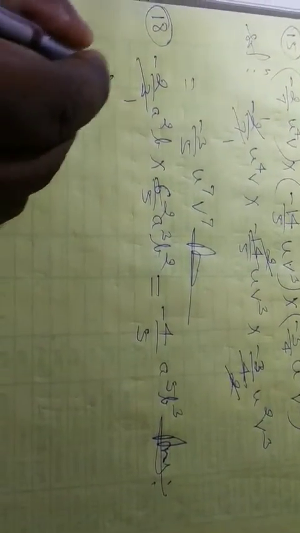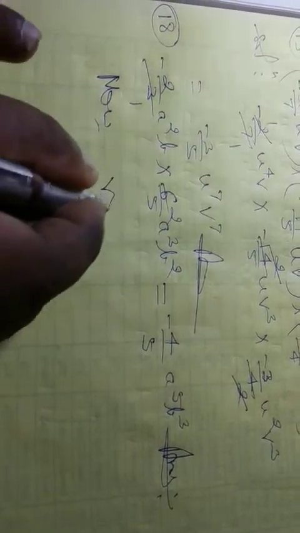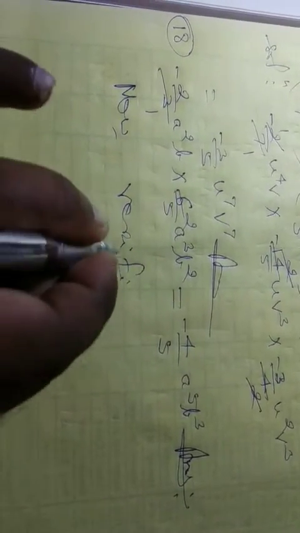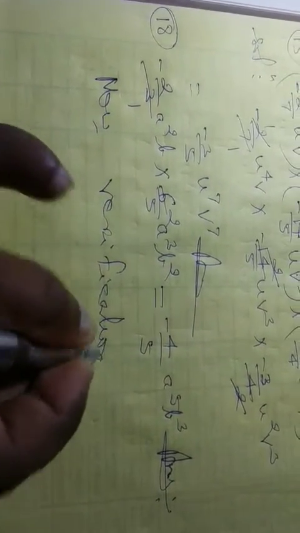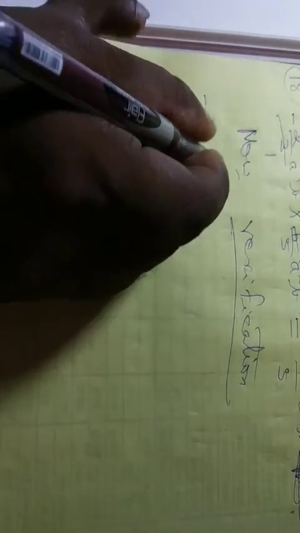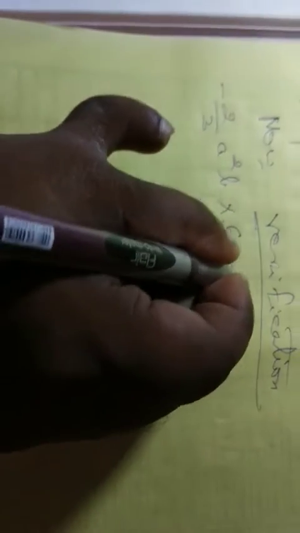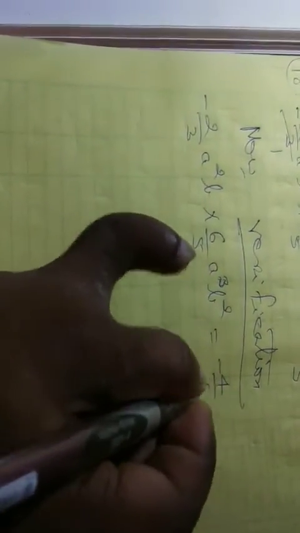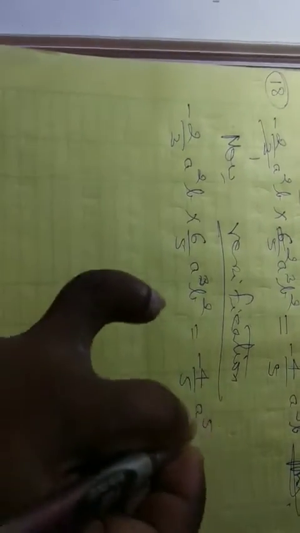Now verification. On putting the value of a is equal to 2 and b is equal to 3, we verify. First of all, we write the LHS part: minus 2 by 3 a square b into 6 by 5 a cube b square, equal to minus 4 by 5 a to the power 5 b cube. This is the LHS part.